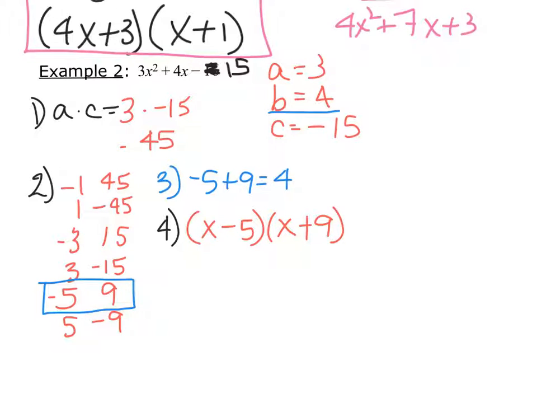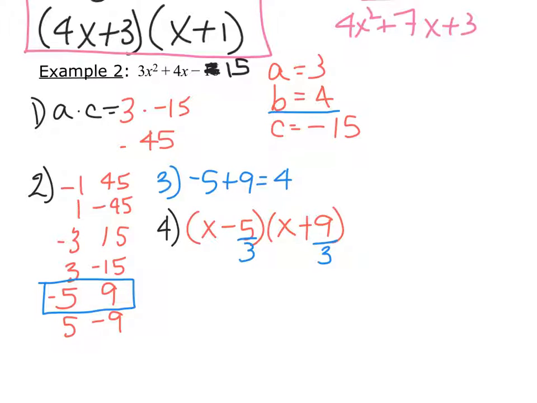Finally, step 5. Step 5, we're going to divide both constants by a. What was my a? 3. So I'm going to divide negative 5 divided by 3, positive 9 divided by 3. Right?